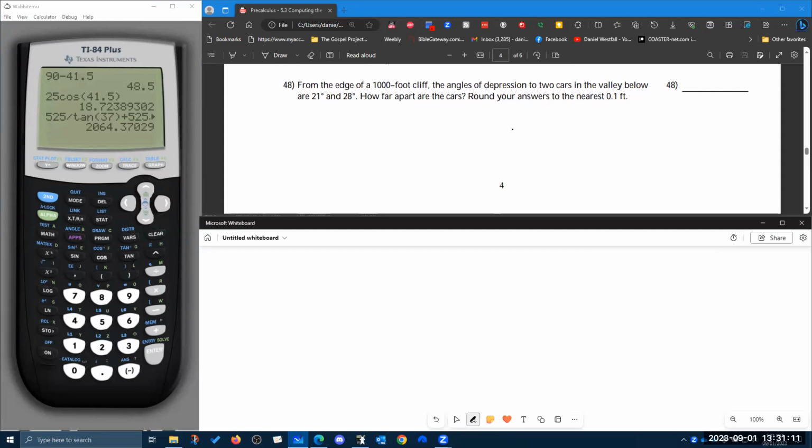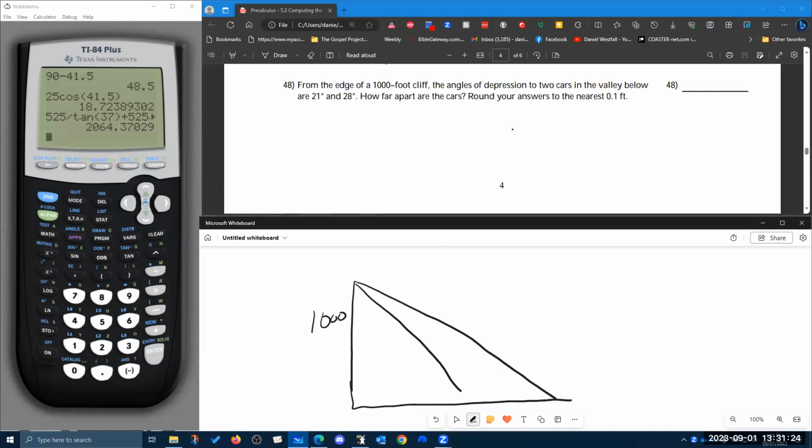From the edge of a 1,000-foot cliff, the angles of depression to two cars in the valley below are 21 degrees and 28 degrees. 28 degrees is the big angle here, so 21 degrees, and this is 28 degrees.